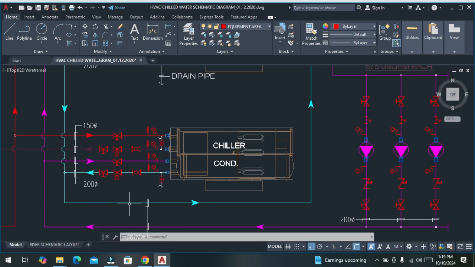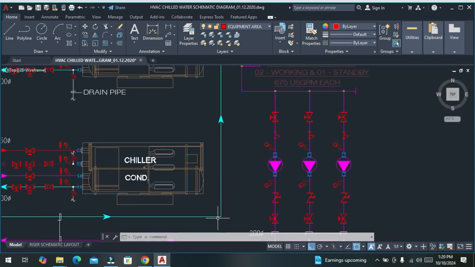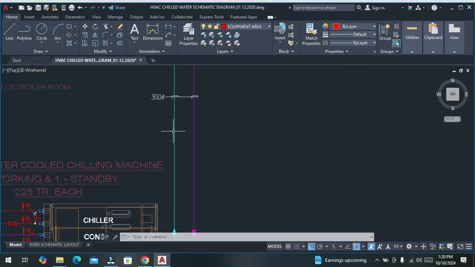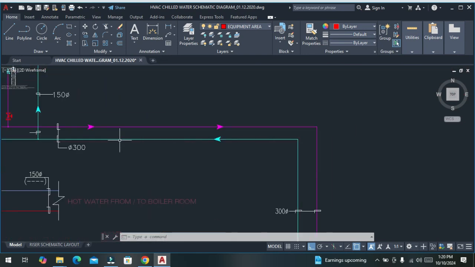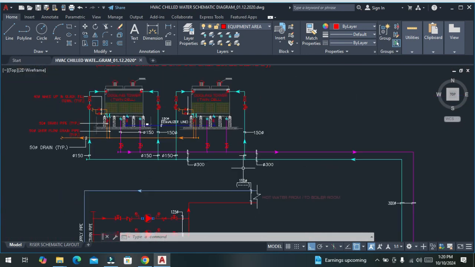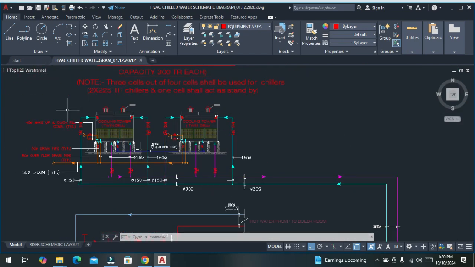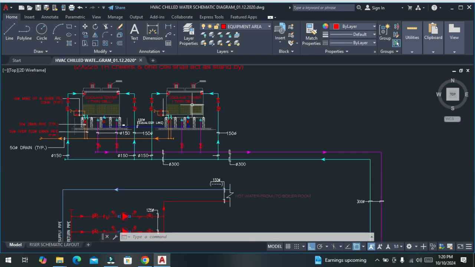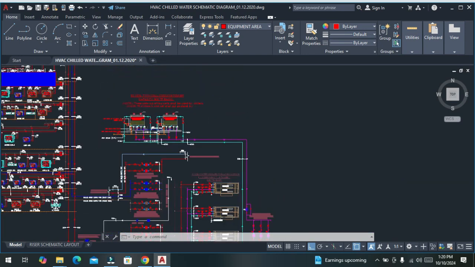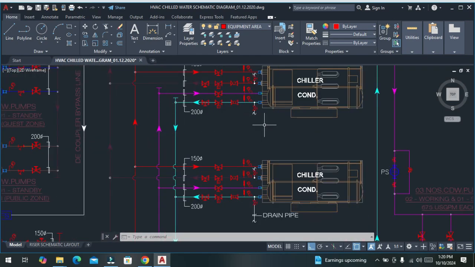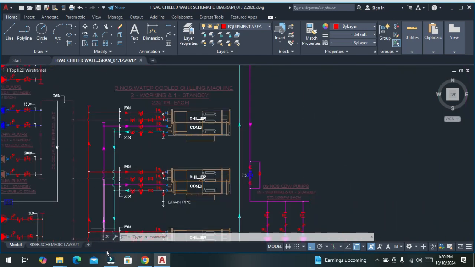If you trace the pipe, let's trace the pipe. It is going over, and where is it going? Here. This is the section of the CT, meaning cooling tower. This is the cooling tower, which cools the condenser outlet water.